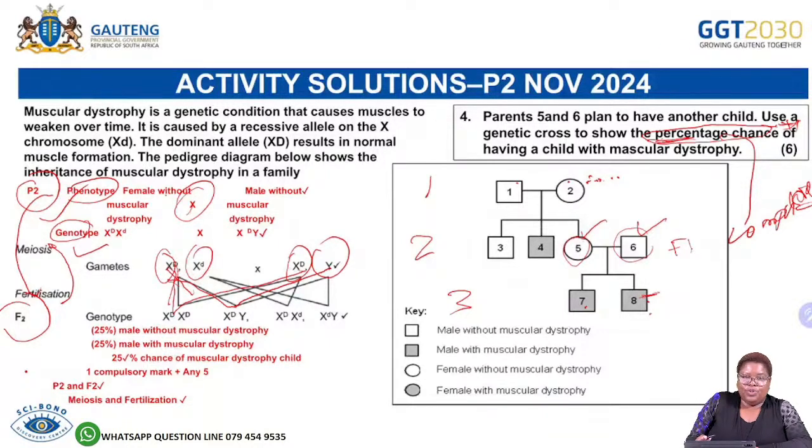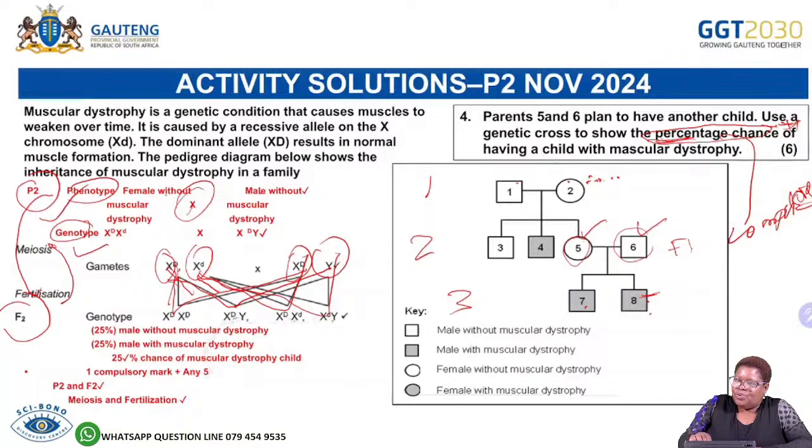Some of you prefer to use a Punnett square, but this is also working wonders because you can see what is happening. The second allele there, it crosses with the first, crosses with the second. Then these are the results. You're going to have 2 females. You're going to have 2 males.